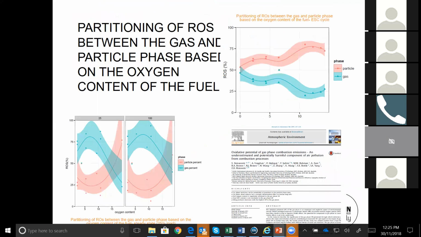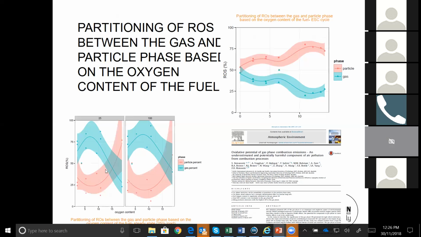The second important finding was that the gas phase is also carrying oxidative potential. Gas phase or VOCs in the gas phase are normally neglected for many reasons. It is believed that the gas phase cannot cause real damage because it can't get to the lungs, and also simply it is not measured in real time, and it's not considered in ROS measurements.